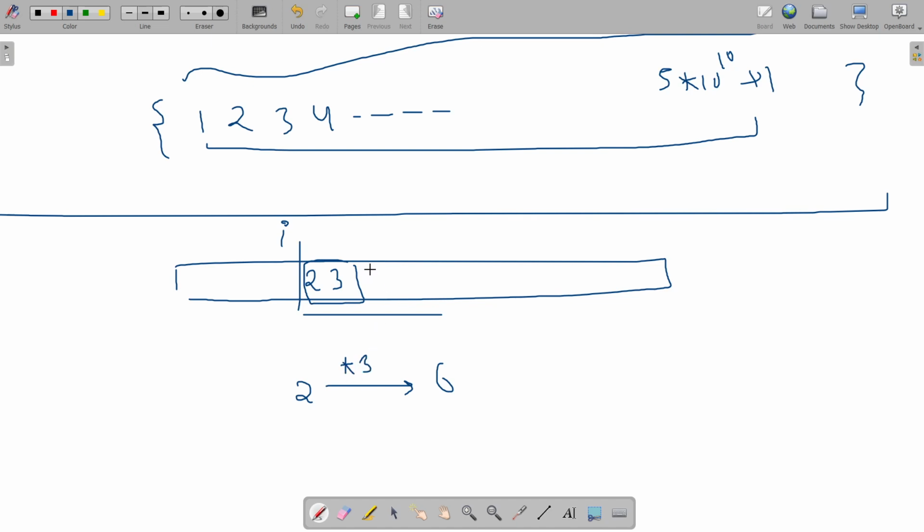Then suppose the next element is 6 and you now take this segment. In this case the LCM doesn't change, it remains 6. Suppose then the next number is 8, which is 2 to the power 3. Your LCM of this combined range will increase by a factor of 4, and it will become, I think, 24.